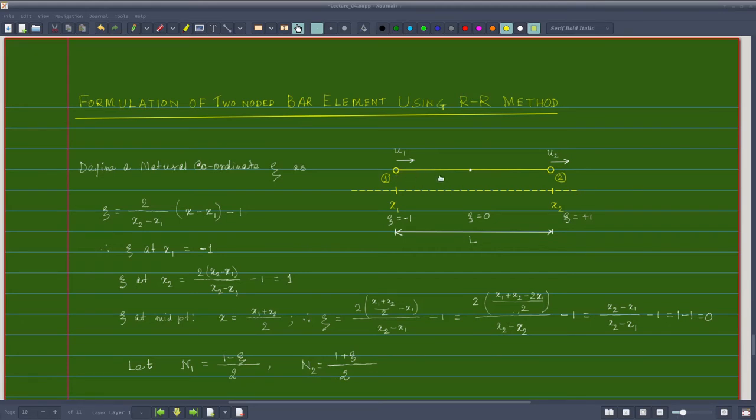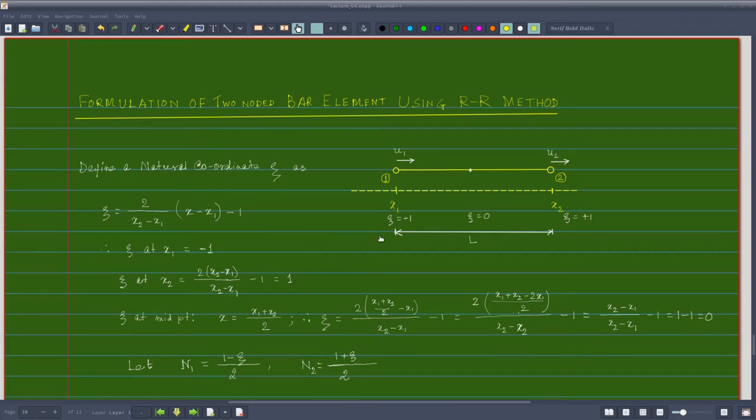So let us take up one bar element of length L. It has node 1 and node 2 at the ends. The node 1 is at location x1 and node 2 is at location x2, and my nodal degrees of freedom are u1 and u2.